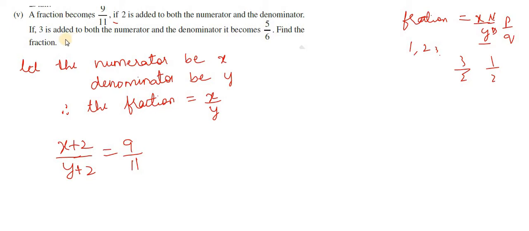And one more thing, if 3 is added to both the numerator and denominator, it becomes 5 by 6. So therefore x plus 3 divided by y plus 3 equals 5 by 6.